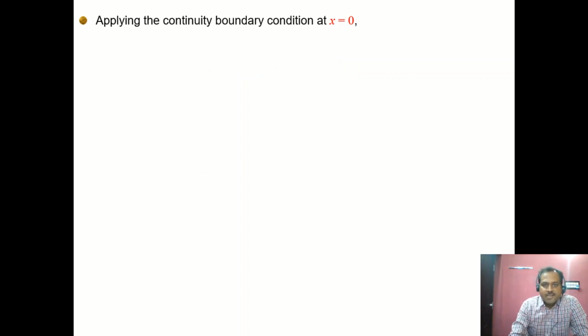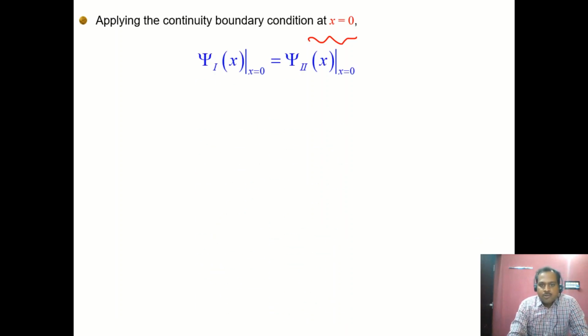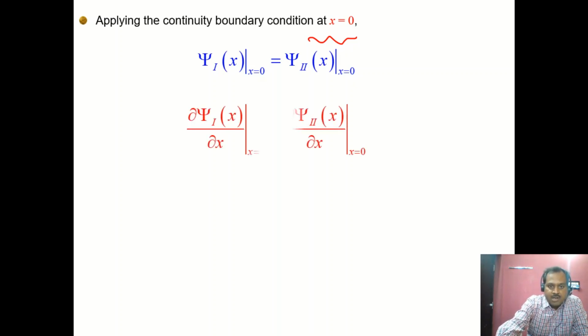The boundary condition at x equal to 0: psi 1 at x equal to 0 will be equal to psi 2 at x equal to 0. Similarly, the first spatial derivative of psi 1 and psi 2 with respect to x at x equal to 0 will also be the same, because this is coming from the basic conditions that are imposed on the wave function.